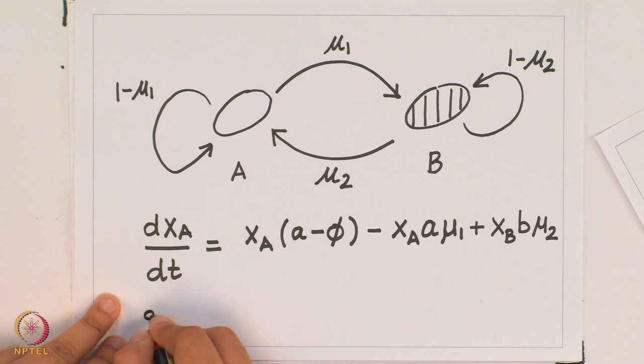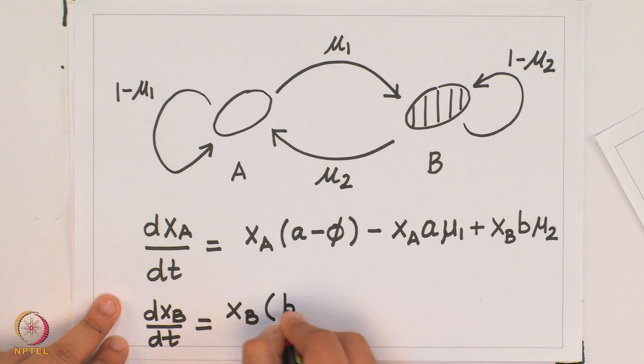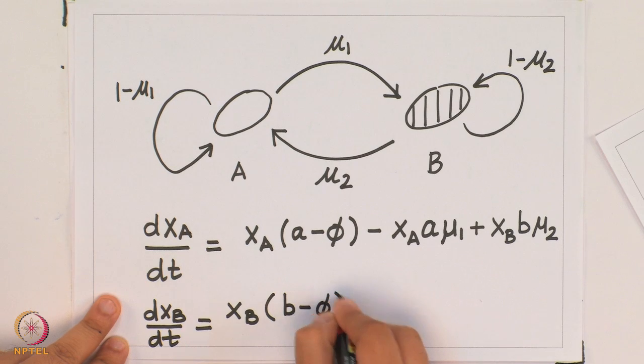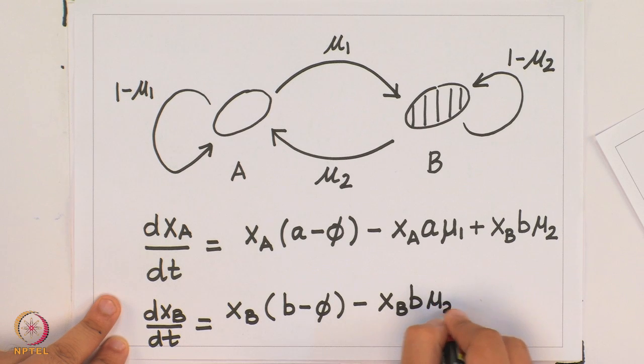Similarly, dxb/dt can be written as xb times B minus phi, minus xb B times mu2.